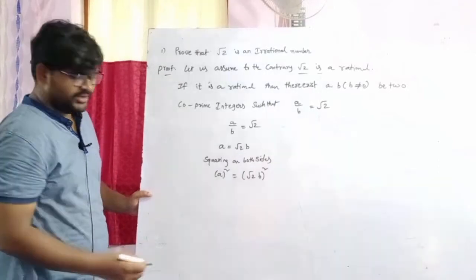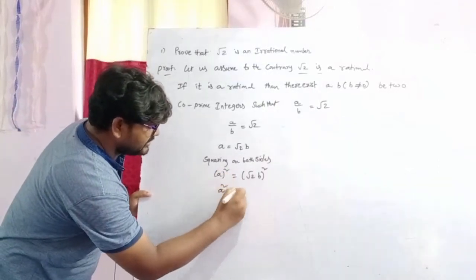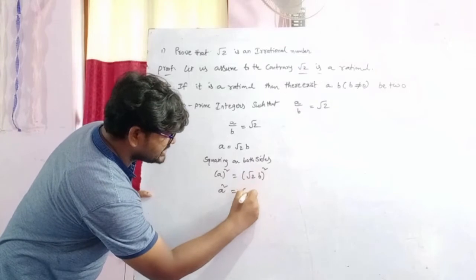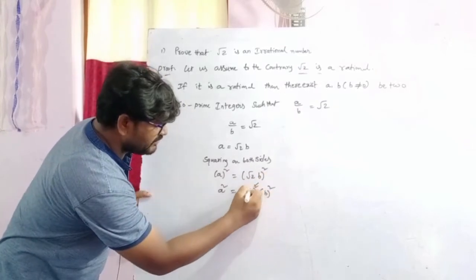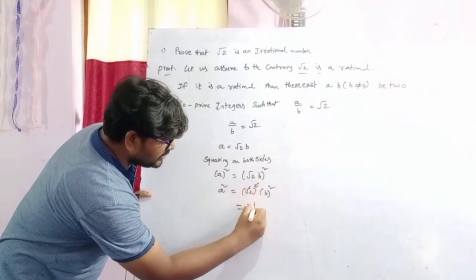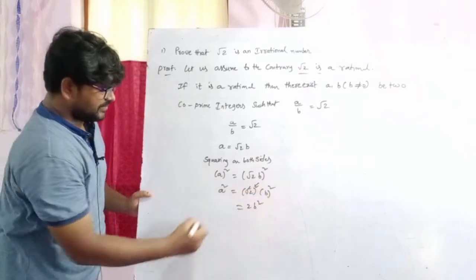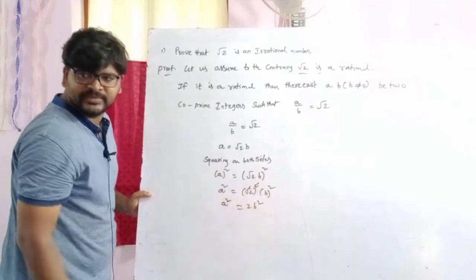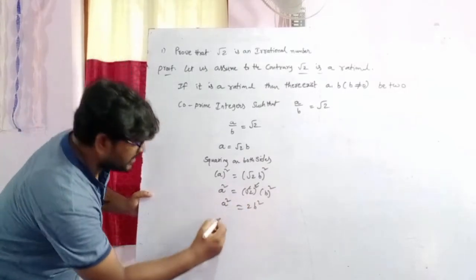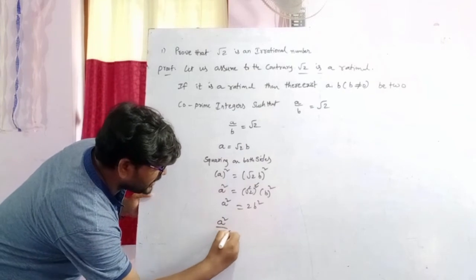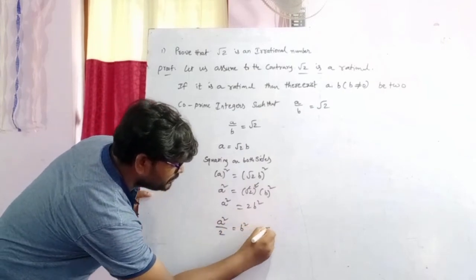This is root 2 whole square into b square. So square and root cancel, so 2 into b square. Here a square equals 2b square. Here 2 is multiplication, going to this side, divided by. Therefore, a square by 2 equals b square.